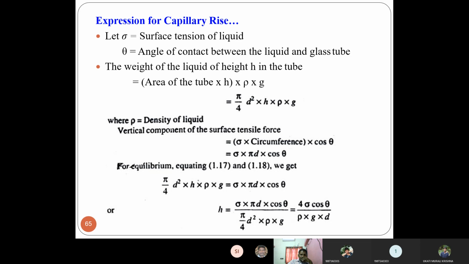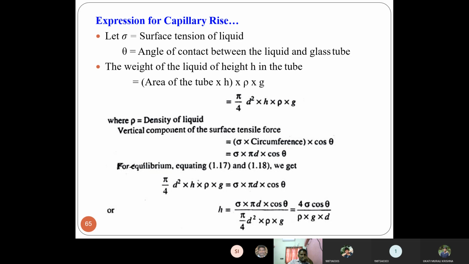Okay, this one is the weight of the liquid and the vertical component of the tensile force, and these two are balanced by each other. So the weight of the liquid, pi by 4 d square h rho g, is equal to sigma pi d cos theta. Once we simplify this expression for h, we will get 4 sigma cos theta by rho g d.